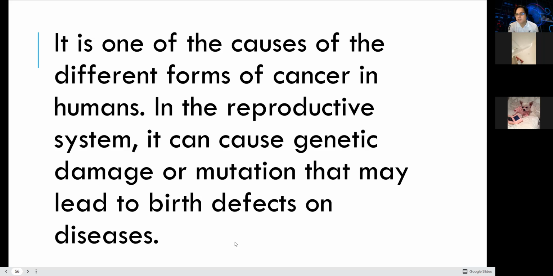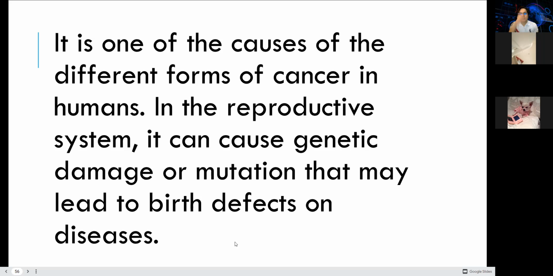They are called oncogenes. Once the oncogenes are activated, they will form a specific cancer. It depends upon the location of your oncogenes and upon the substance or the carcinogen that reacts on it.